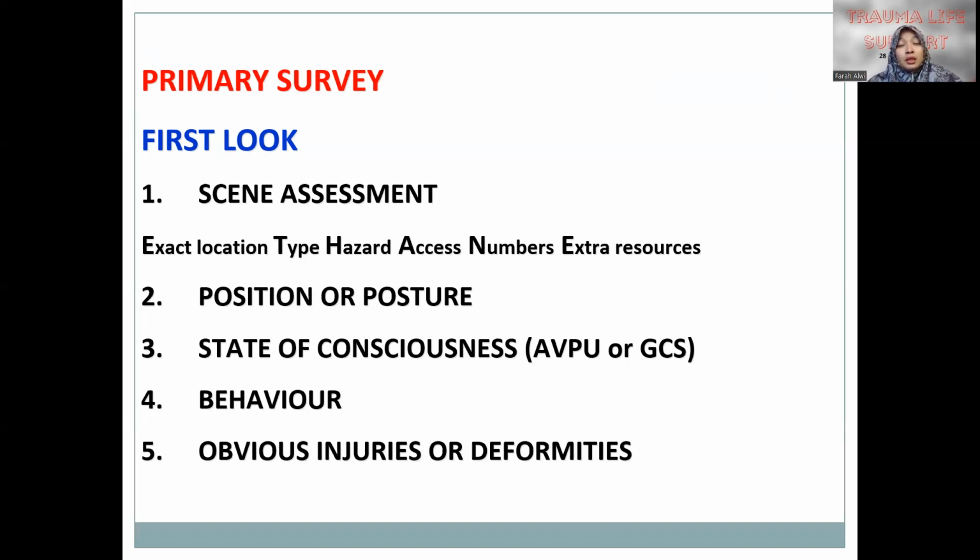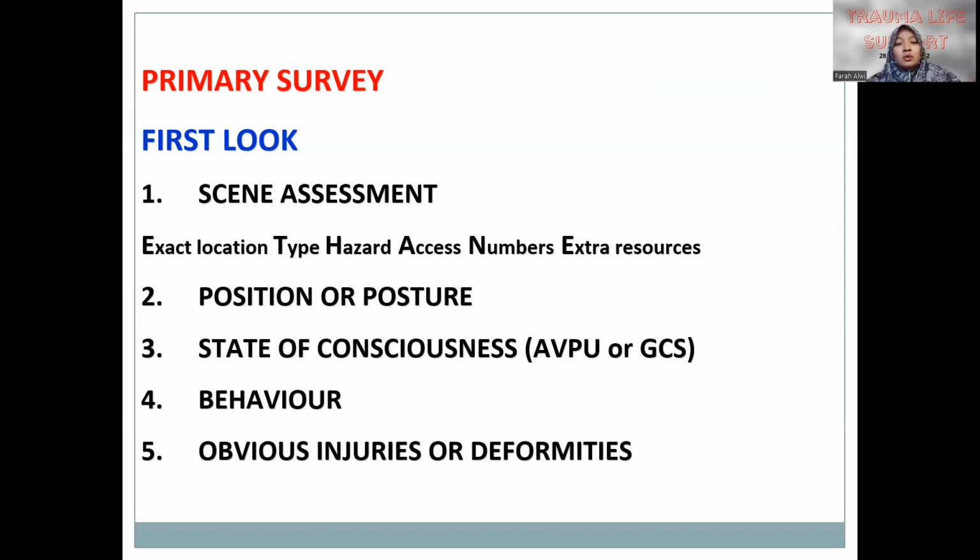P is when they respond to pain, and U is when they are unconscious at all. Behavior: you look at the patient's behavior, whether they are restless, irritable, ataupun they are calm and they can follow orders.